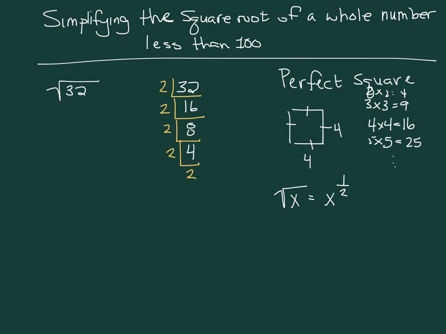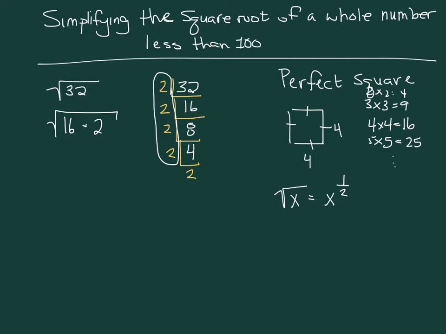And so if it's x to the 1/2 power, I need something that's even so that I can divide it by 2, okay? So if I look at this, I've got 4 2's, which means 2 times 2 is 4, times 2 is 8, times 2 is 16. So I know that 32 is really 16 times 2, and I have the square root of all that.